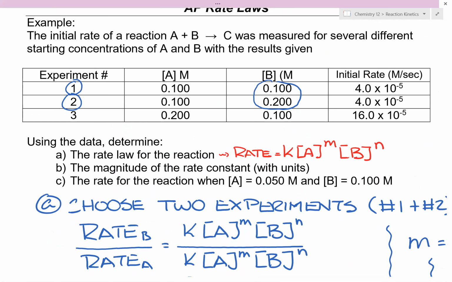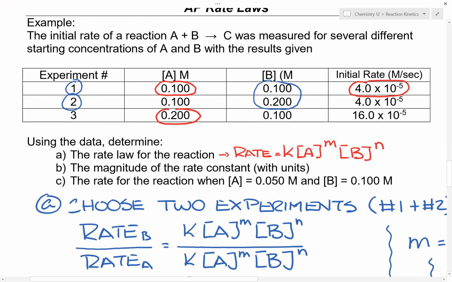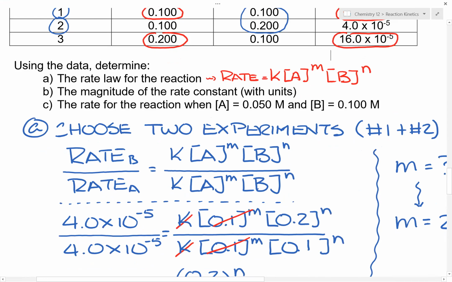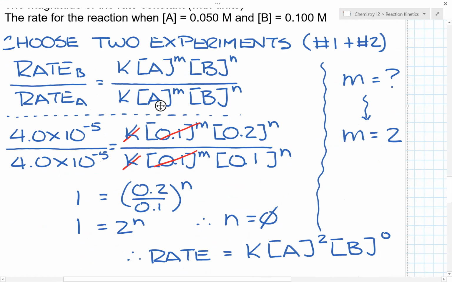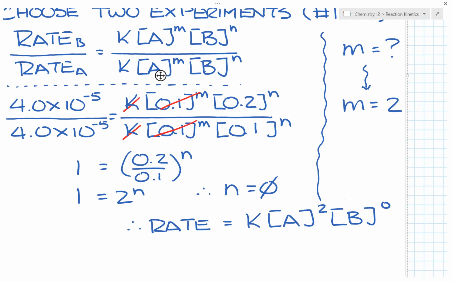And then if you take a look at 1 versus 3, notice the concentration doubled, but notice the rate went up by a factor of 4. So there's an exponential growth. So since it's exponential growth, M must have been 2. Okay, so that's how I get the rate is equal to K A squared B to the 0.